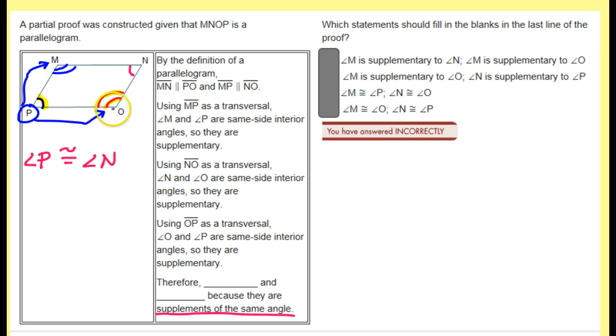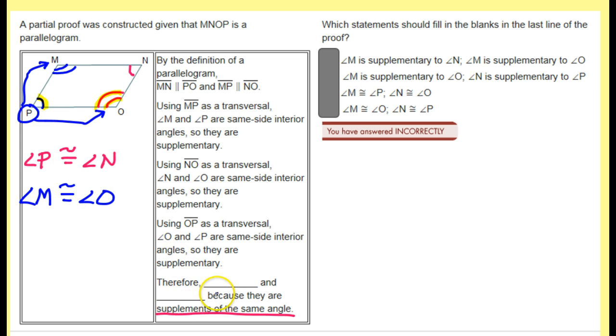So angle M and angle O are both supplements of the same angle. So we should be able to say that angle M is congruent to angle O, because they are both supplementary to the same angle.